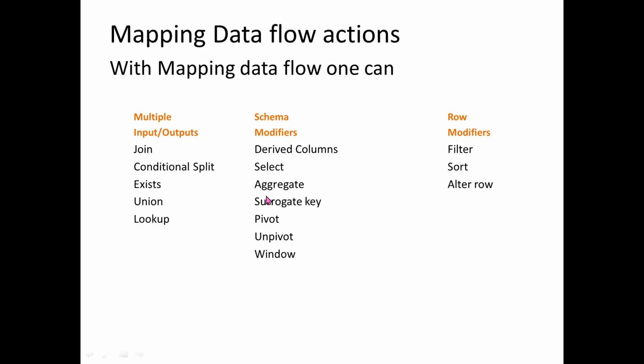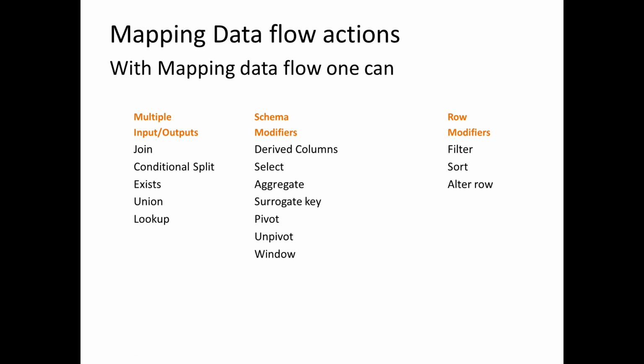Okay, all the schema modifier actions are also available, and also the row modifiers. As I mentioned, you can filter the data and sort the data in the way you want. For example, you want higher salary employees to come first, followed by the lowest salary.